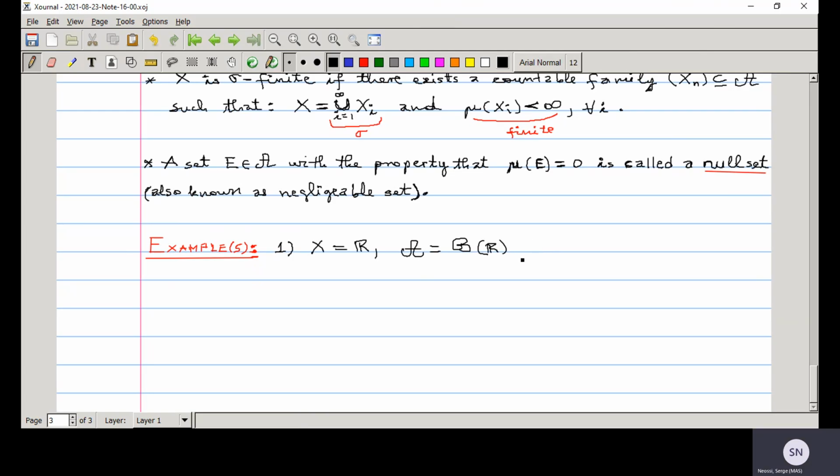So we know that intervals, for instance, of this form are in the Borel sets of R. Now we can define mu from the Borel sets of R into the nonnegative extended reals.